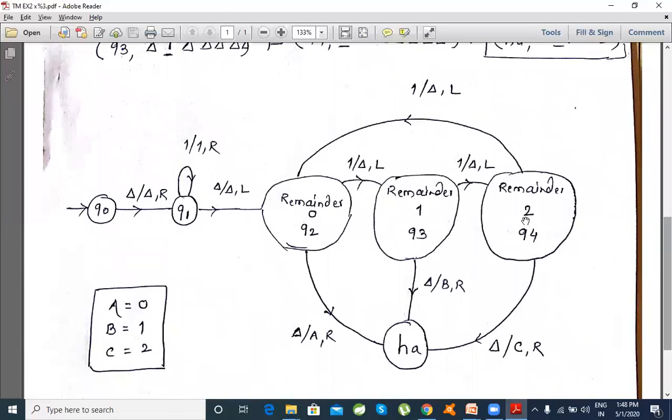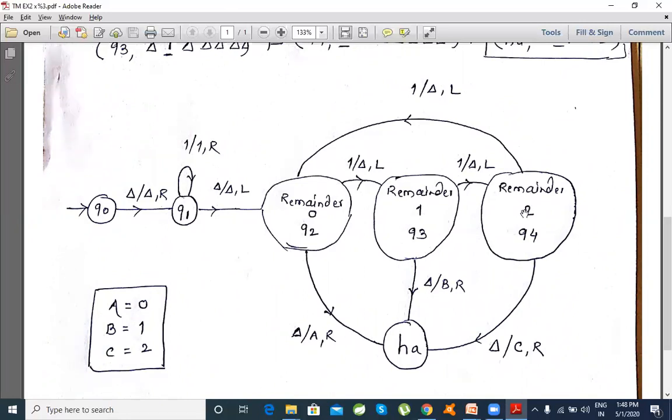Now look at this state diagram. I want to remember remainder 0, remainder 1, and remainder 2. Being in state Q2, the remainder is always 0. Being in state Q3, the remainder is always 1.